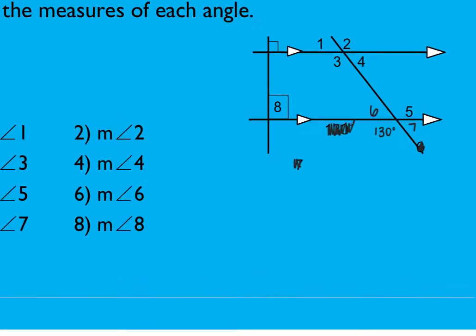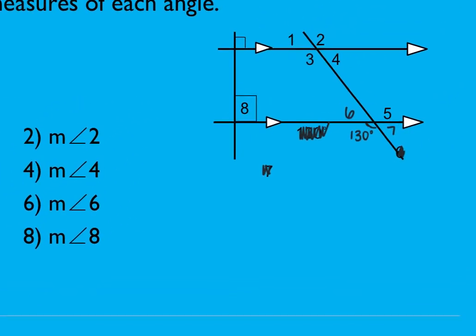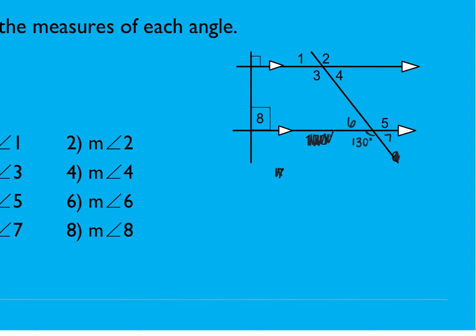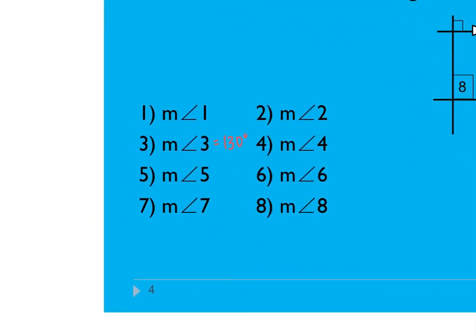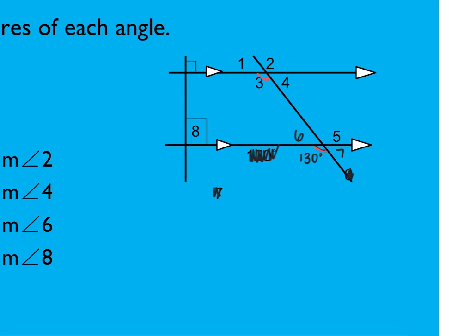Okay, so let's go ahead and figure out the rest of the angles. If we know that this angle right here is 130 degrees, we can start filling in the other angles. So let's start with our first theorem. Our first theorem on the previous slide said that corresponding angles are congruent. So the angle that is corresponding to this 130 is the 3. So the measure of angle 3 must be 130 degrees. Now, the second theorem stated that alternate interior angles are congruent.